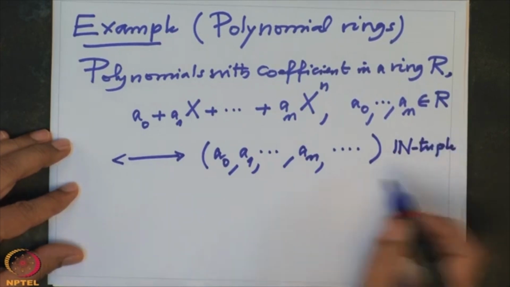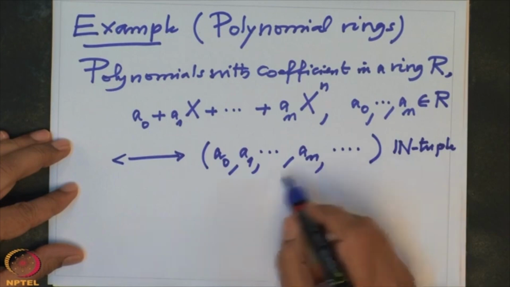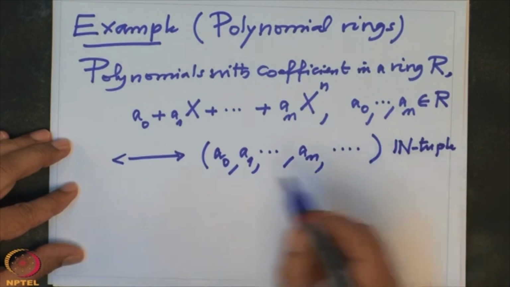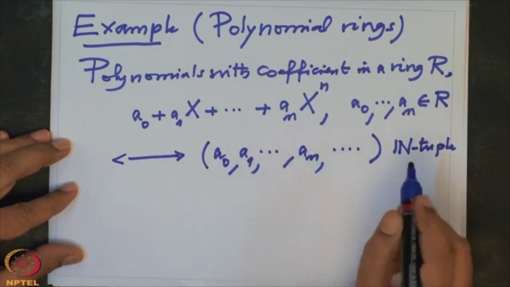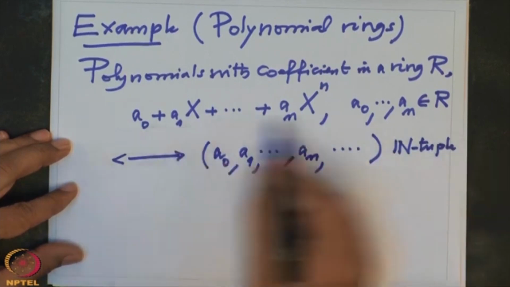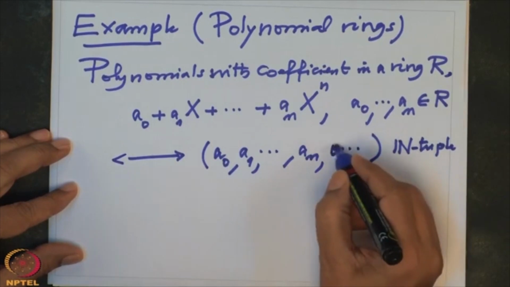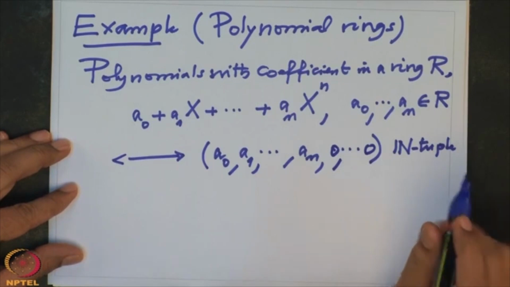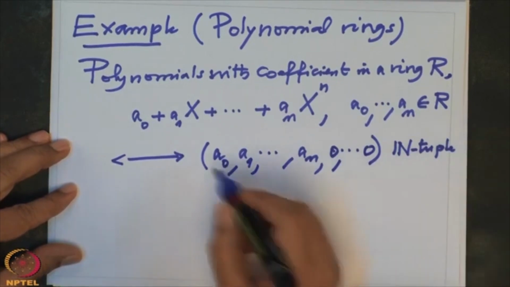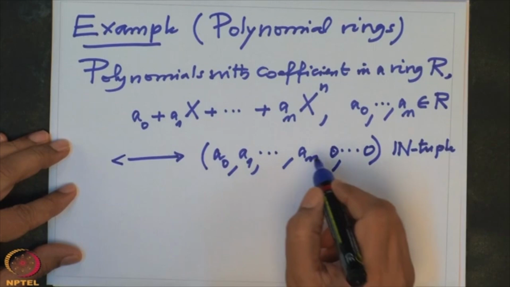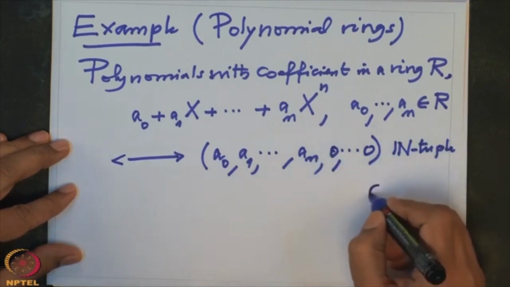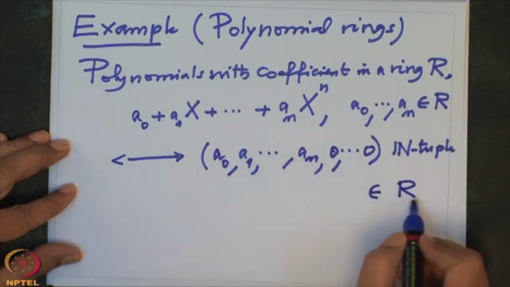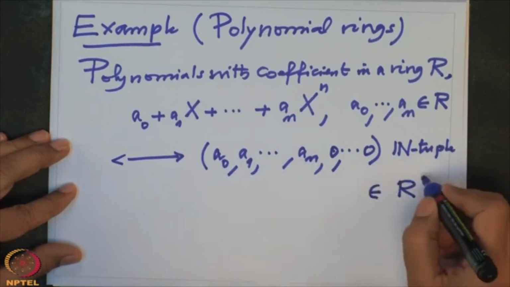That means the components in this tuple are numbered by the set of natural numbers 0, 1, 2, etc. So I should have written 0, 0, 0, all the way after an.